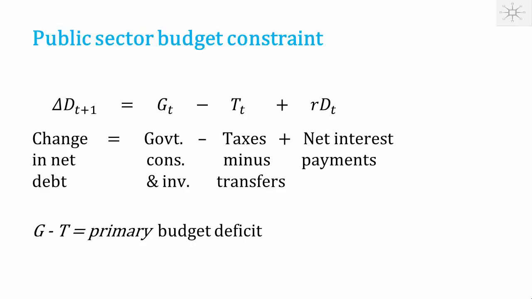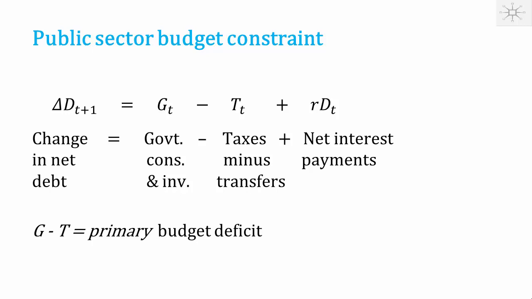So, the public sector budget constraint. Well, we live in an imperfect world where there are such ugly things as budget constraints. There is a limit to how much you can spend, and that applies also to the government. So if the government spends more than its income, it's going to increase its debt.